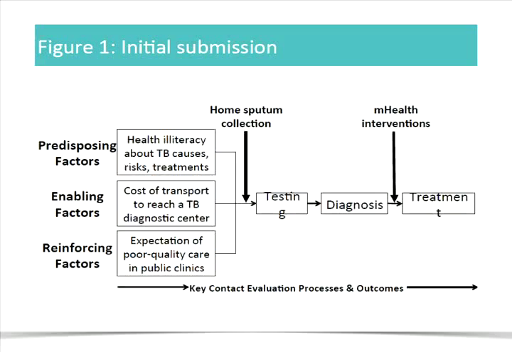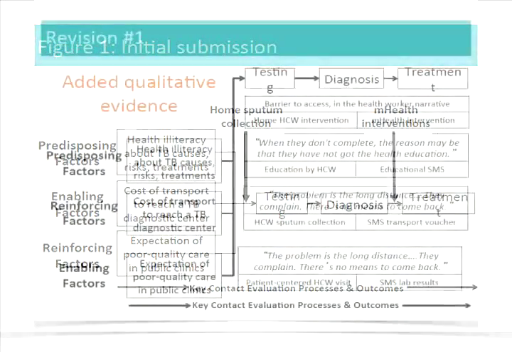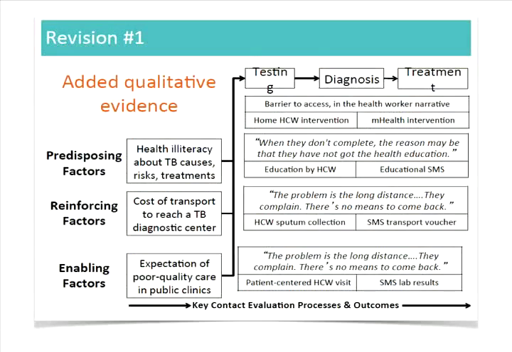All right, so this was our first attempt at revising it. What do you think of this? Yeah, so now there is a little bit more data about what some of these specific intervention components are and which barriers they're targeting, but it's not clear whether they're predisposing, which ones we think are these, and how those relate to each of these processes.